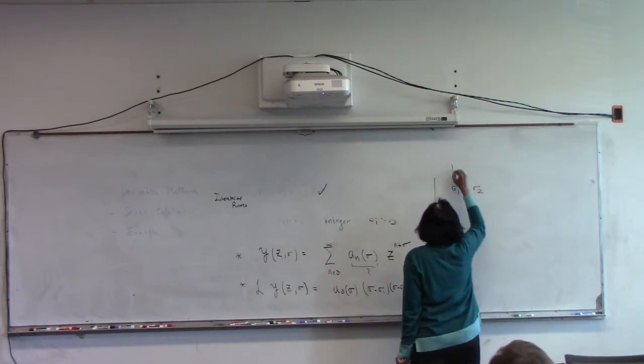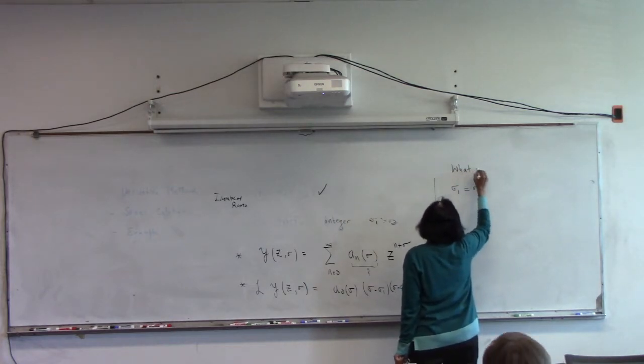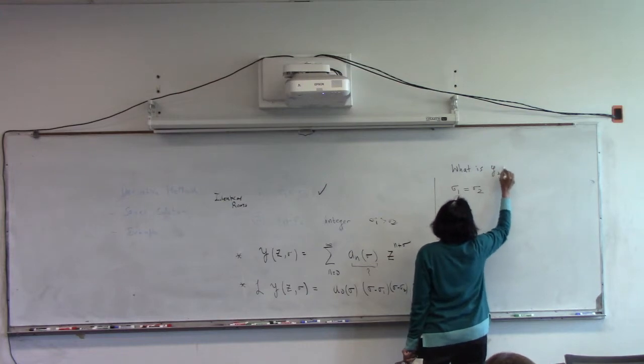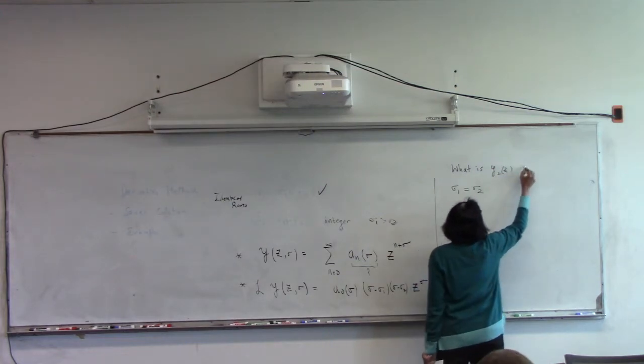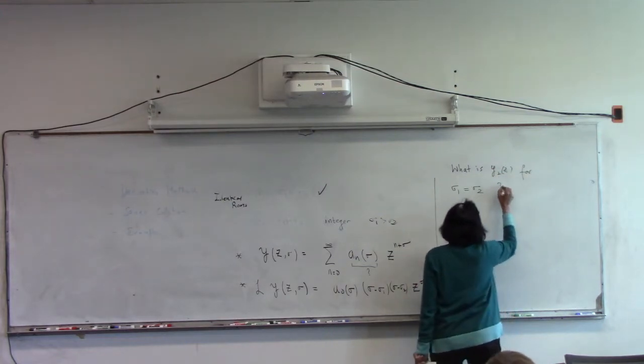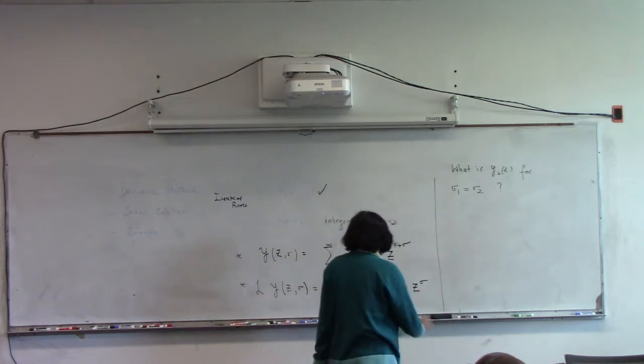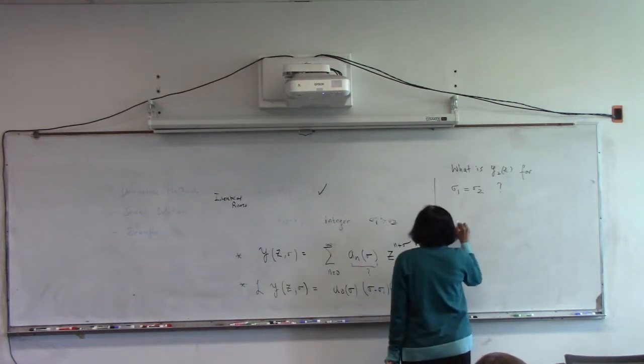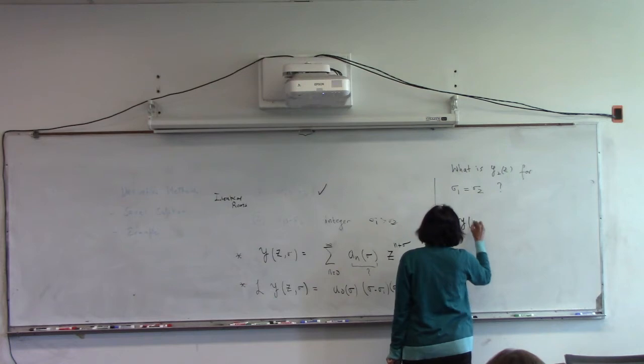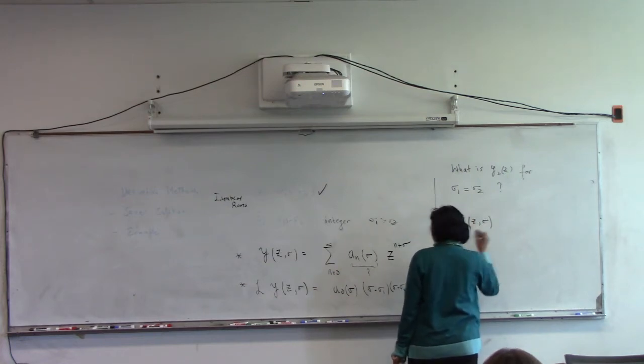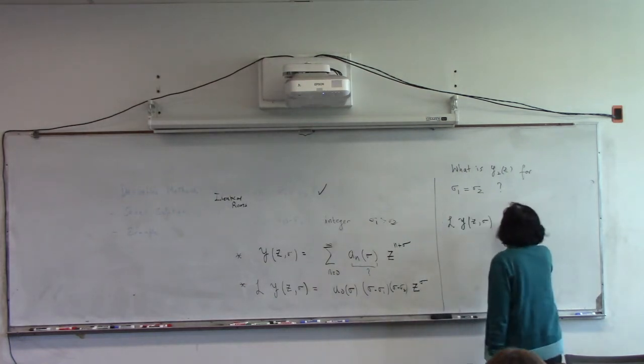So what is it, for sigma 1 equal to sigma 2? That's what we want to understand. All I'm going to do right now is set sigma 1 equal to sigma 2.